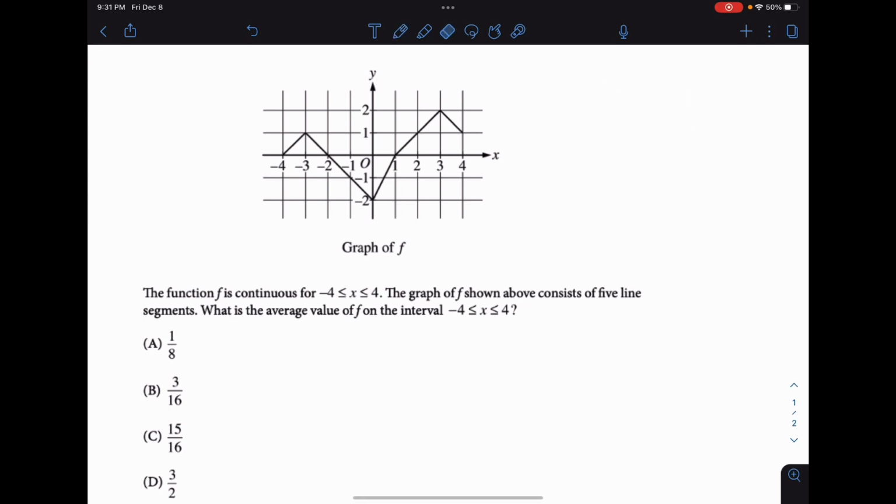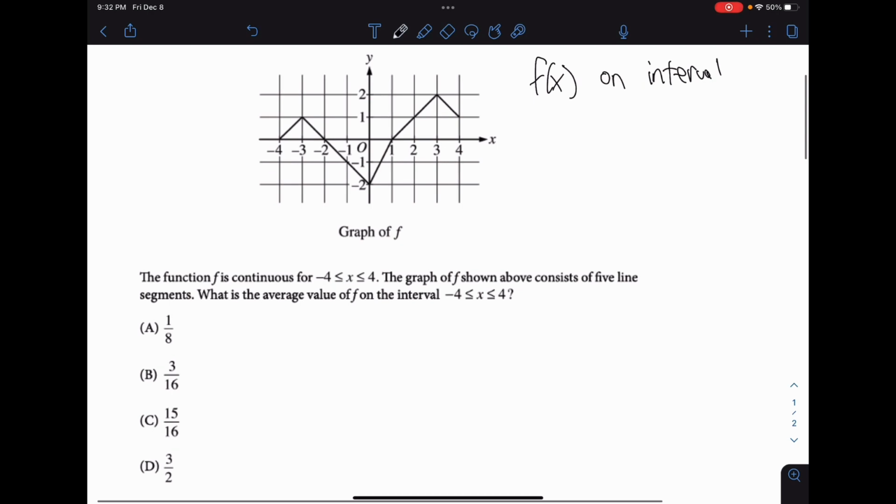So in calculus, you're going to want to sum up all of the points on that graph. How do you do that? Integral. So given f of x on an interval from x equals a to x equals b, if we want to find the average, we need to take the integral of f of x on that interval, and then divide by the length of the interval.